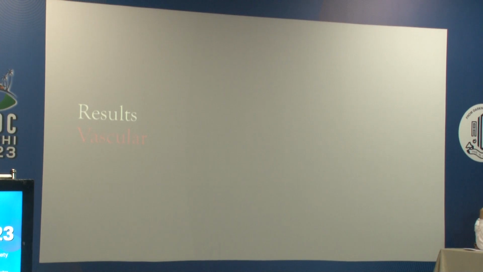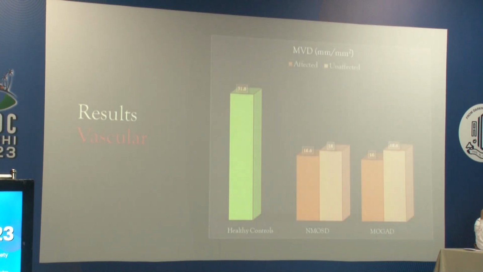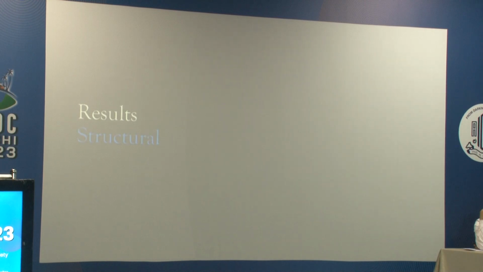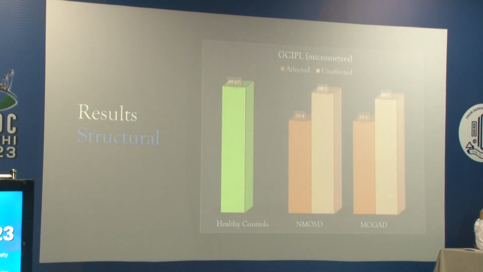So coming to the vascular changes observed, when we see the macular vascular density, this graph clearly shows that NMOSD and MOGAD patients, when compared with healthy controls, showed a reduction in macular vascular density even in the unaffected eye. In terms of structural changes, when we compare the GC-IPL thickness, compared to healthy controls, NMOSD and MOGAD patients show a reduction in GC-IPL thickness or a GC-IPL thinning in the affected eye, but not so much in the unaffected eyes.